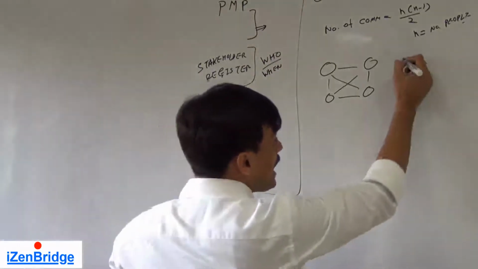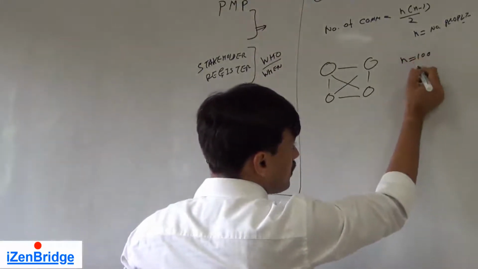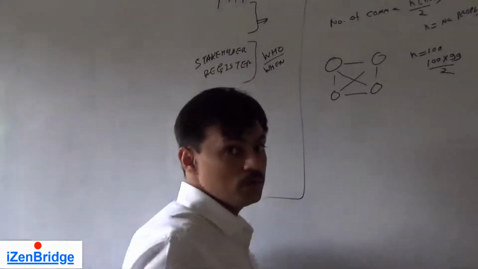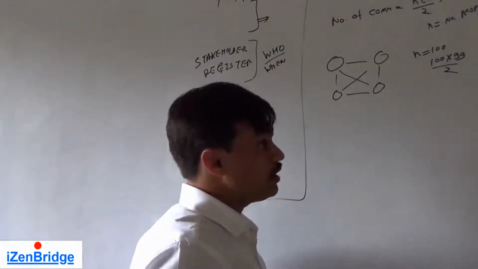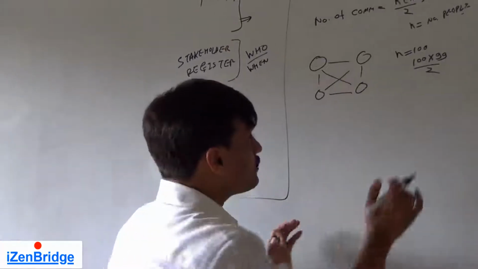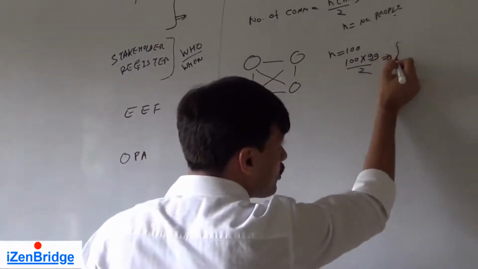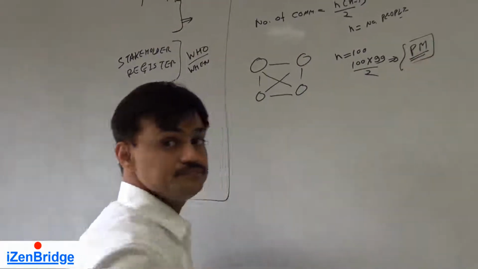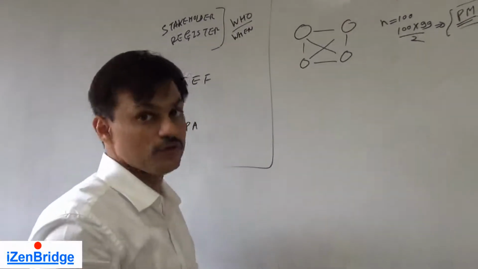But if n is 100, that is 100 multiplied by 99 divided by 2, it becomes a big number. Managing that many communication channels is quite difficult work for a project manager.